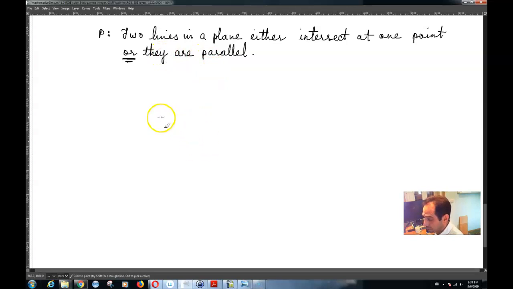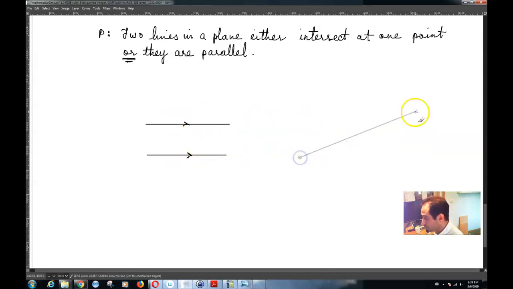If you have two lines in a plane, suppose this XY plane, the paper plane that I'm writing on, a two-dimensional plane, and both lines are in the same plane. Now these two lines are parallel, so they're not going to intersect one another at any point on this plane.